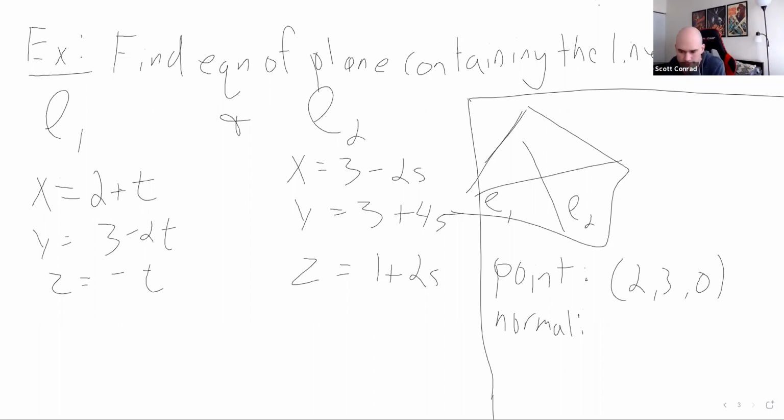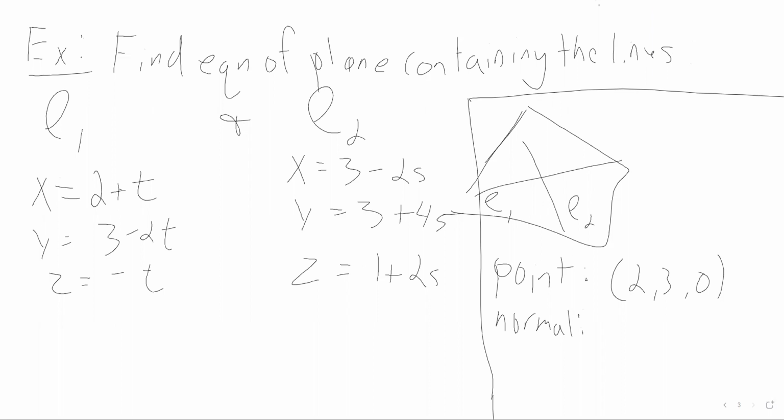Is that for line 1? Yes, so (2, 3, 0) corresponds to t equals 0 from line 1. Can we choose either line, because we need a point and the normal vector?